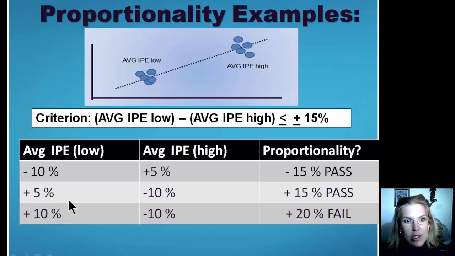If it's reversed and you're 5% high at the low end and then 10% low at the high end, it would still pass the proportionality criterion. However, if the low is high 10% and the high is low 10%, it would fail the proportionality criterion at both ends of the range of low to high. So that's the third criterion.